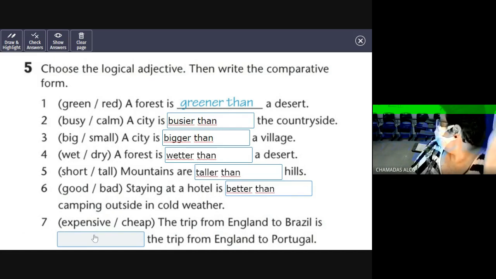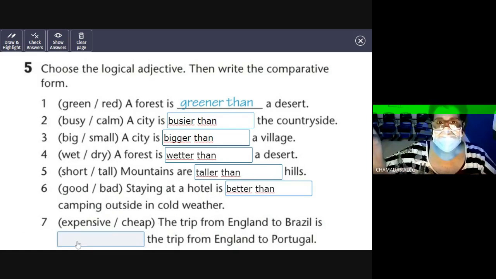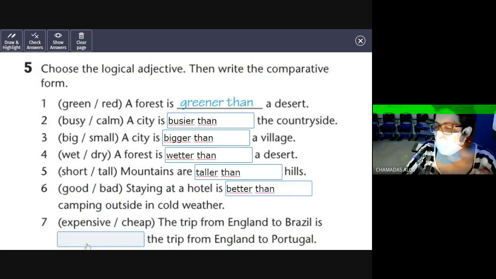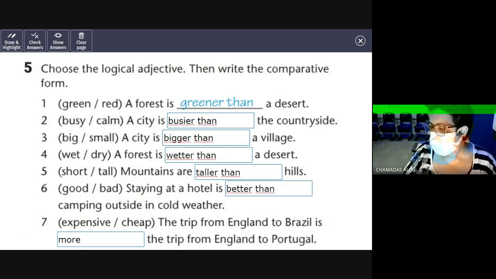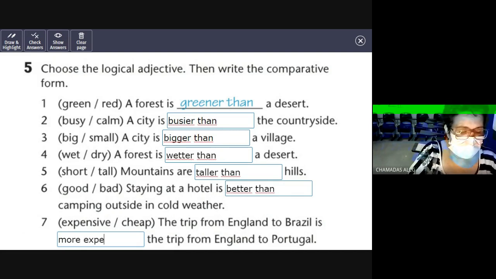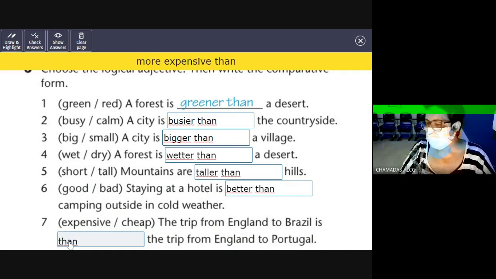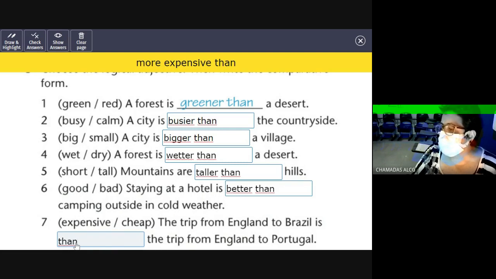Ah, okay. Of course. So expensive is a long adjective. When we are comparing, we have to say more expensive. More expensive than. Okay. So the trip from England to Brazil is more expensive than the trip from England to Portugal.